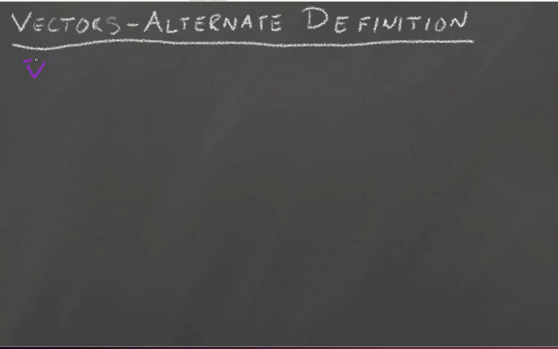So I'm going to say that a vector v is just a collection of numbers, v1, v2, v3, all the way up to vn. Okay, and this n is the dimension of the vector. So for example, in 3 dimensions, this would just be vx, vy, and vz.